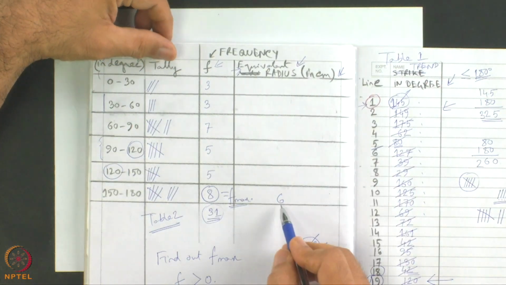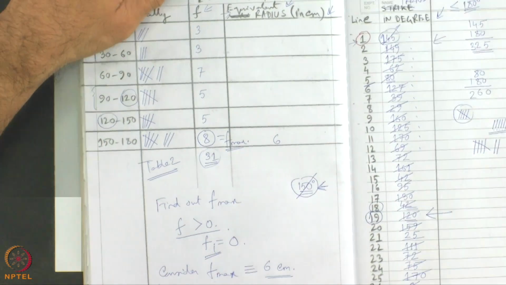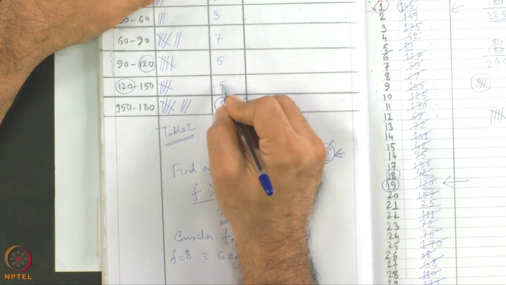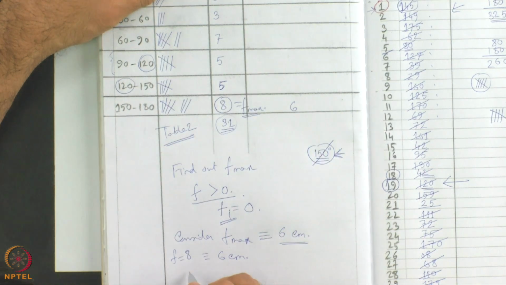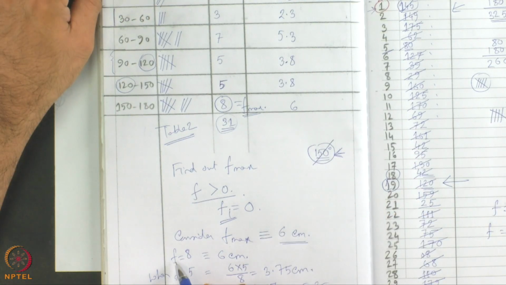The equivalent radius in centimeter is 6. And what will be the equivalent radius when f is equal to 5? When f is equal to 5, it is equal to 6 multiplied by 5 divided by 8, since f equal to 8 is equivalent to 6 centimeter.